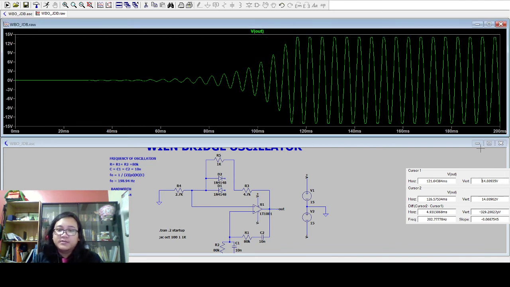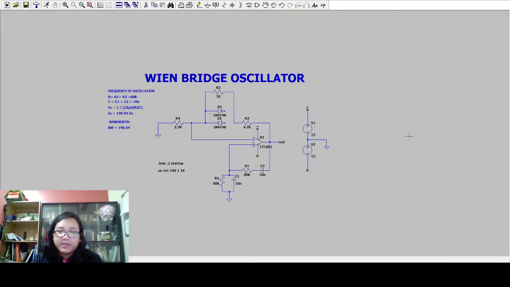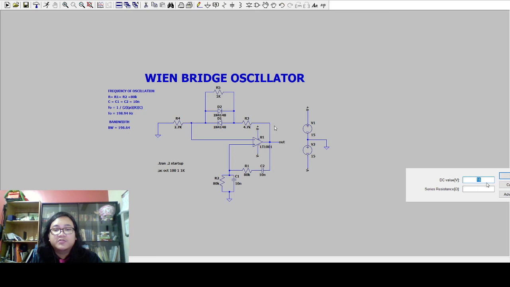And the next to simulate is the bandwidth. Let me get this straight and fixed. And we will change the voltage to AC.